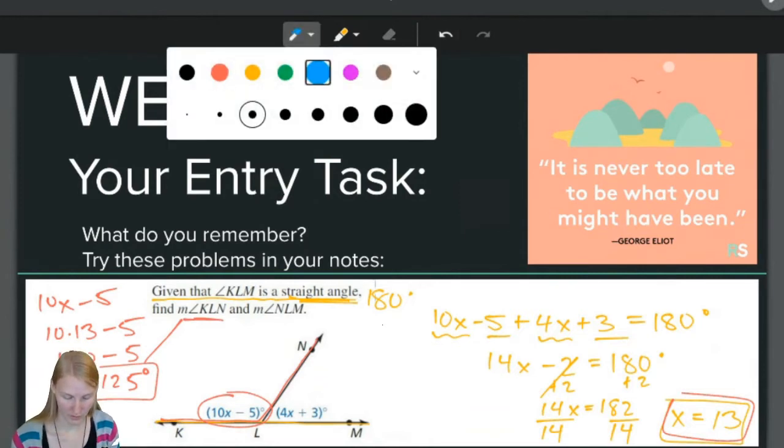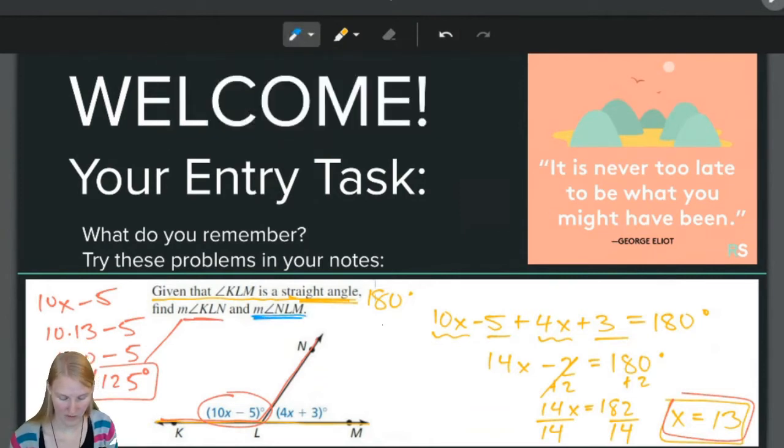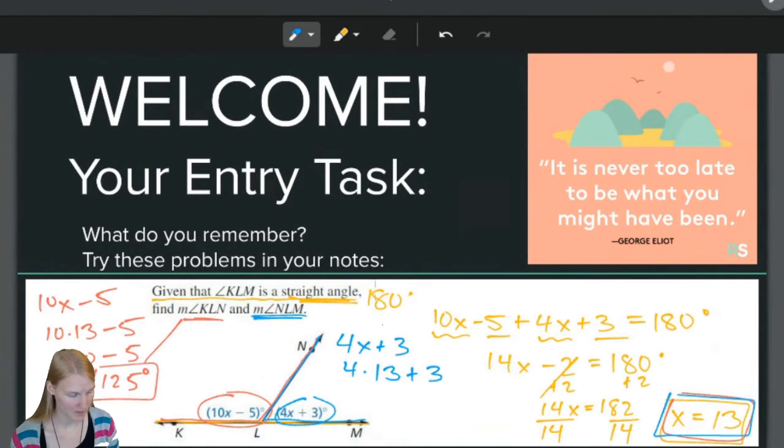Now, a different color yet again, the measure of angle NLM. NLM is this angle, which means that it is 4x plus 3. And again, if I plug in x, I get 4 times 13 plus 3. 4 times 13 is 54 because there's 13 cards in a suit, and there are 4 suits in a deck of cards, and there are 52 cards in a deck of cards.